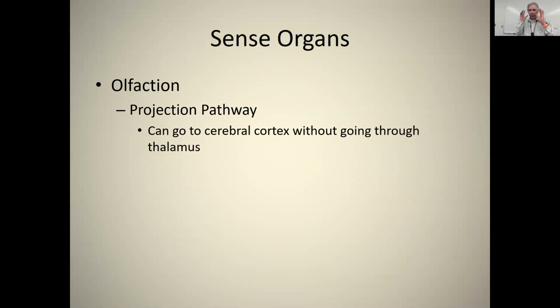It's the one sense that doesn't go through the thalamus at all. Remember, almost all sensory pathways go through the thalamus, except one collateral pain pathway, but the rest of the pain goes through the thalamus. And olfaction does not go through the thalamus. It goes into the limbic system.